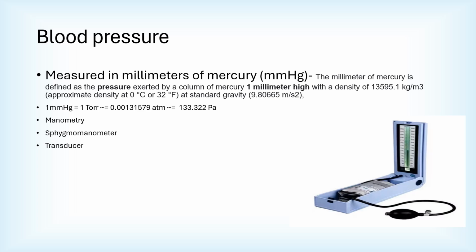Millimeters of mercury is not to be confused with height measurement and has a standard definition, which is defined as the pressure exerted by a column of mercury 1 millimeter high with the density as listed below at standard gravity. Although devices, manometers, and transducers today don't typically use mercury, instruments in the past were calibrated as such, and the measurement of millimeters of mercury became the standard that's still reported today.